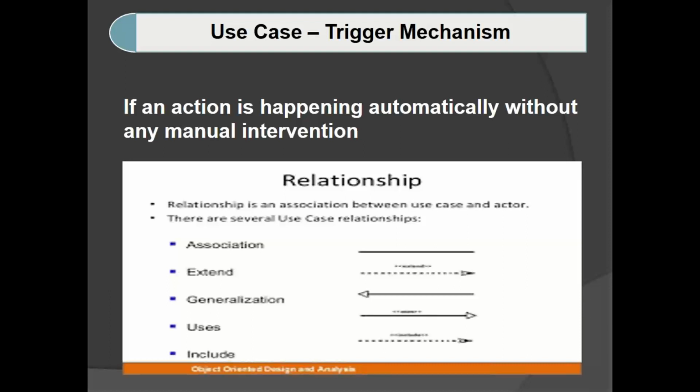This UML diagrams concept is very important for a BA from a theoretical perspective. But in practical, we are not going to use this in our project. It is very rare where we are going to draw the UML diagrams.